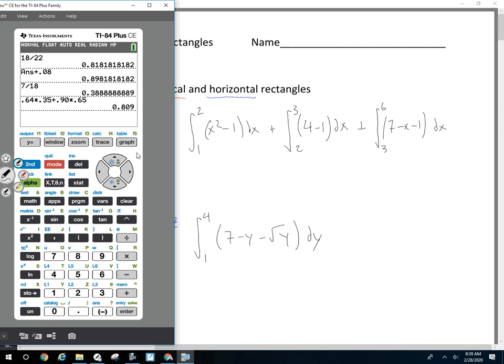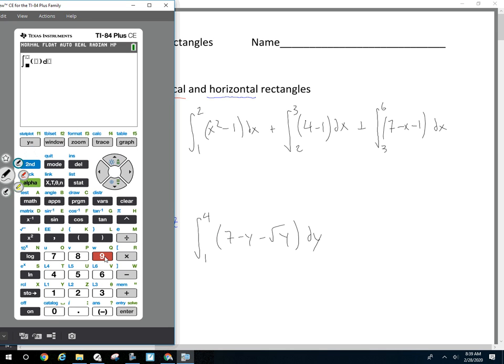All right, so math 9, we're going from 1 to 2. We got x squared minus 1, 2 to 3, 4 minus 1. So that's just going to be a rectangle, 3 plus 3 to 7, right, top minus bottom.